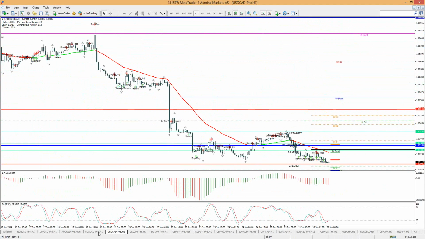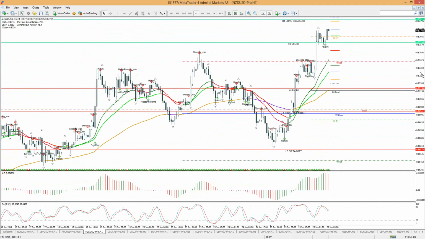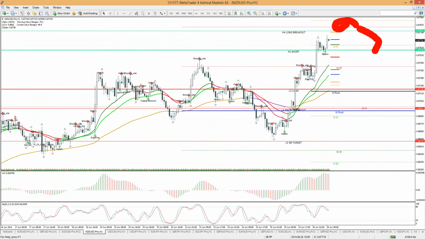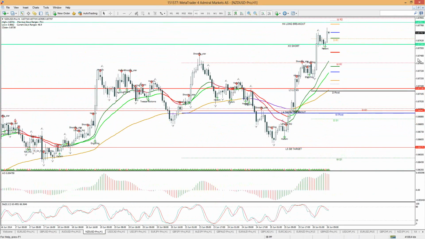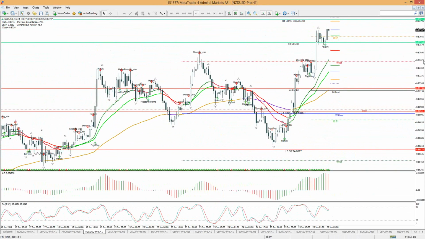The Kiwi. The Kiwi was a good example. If it gets up to this confluence, right? That could be a place to look for reversal rejections. But price isn't there at the moment, so it doesn't make much sense to look at it. We'll look at it from a different perspective right now.